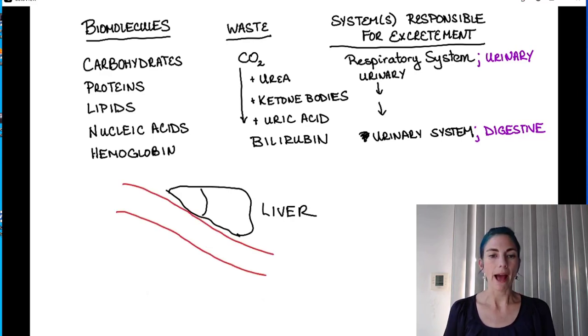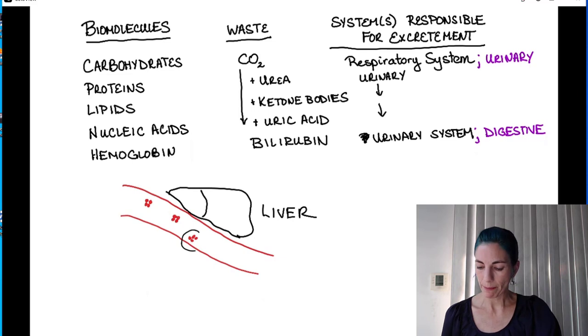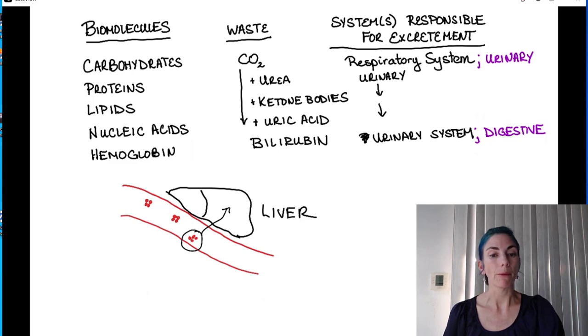Blood's going to come by my liver, and there's free hemoglobin that's been released from lysed red blood cells. Remember, hemoglobin is this 4-unit molecule. So the liver is going to pick up these hemoglobin molecules and start breaking them down into bilirubin.